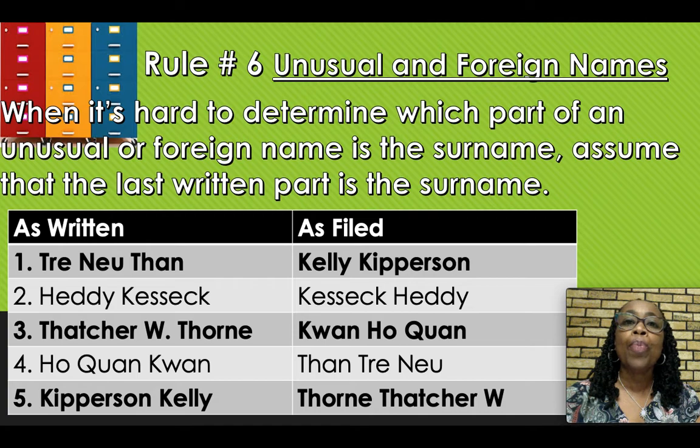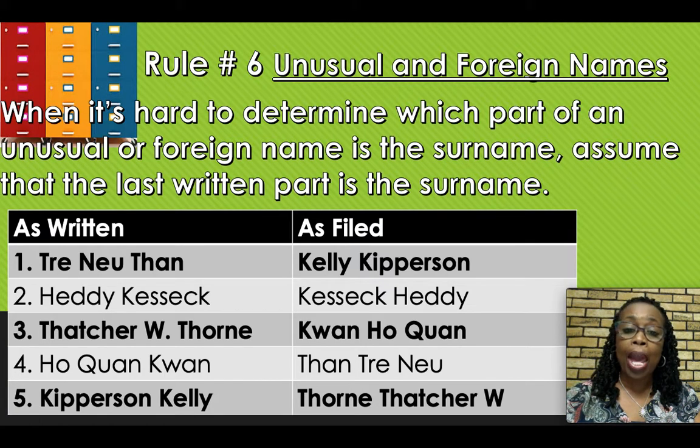Then we will compare Kisak to Kwan, K to K, E to W. Since E comes before W, Kisak will come before Kwan.